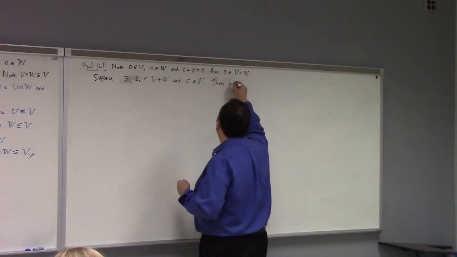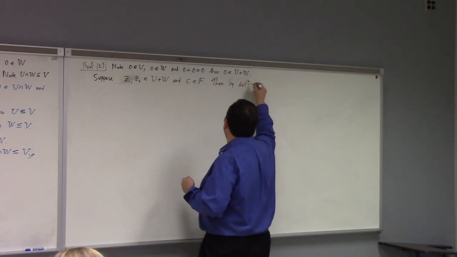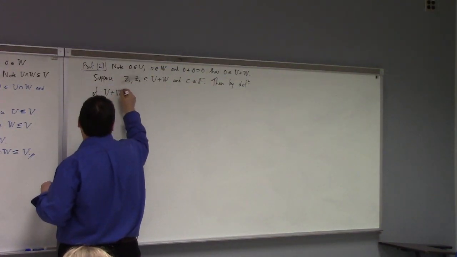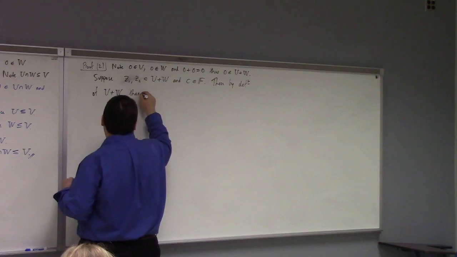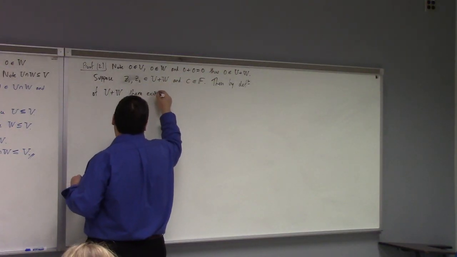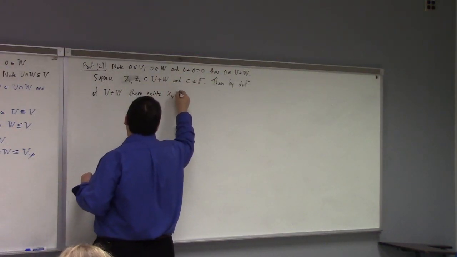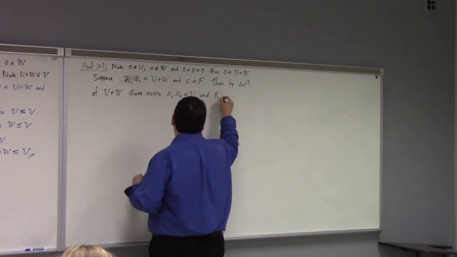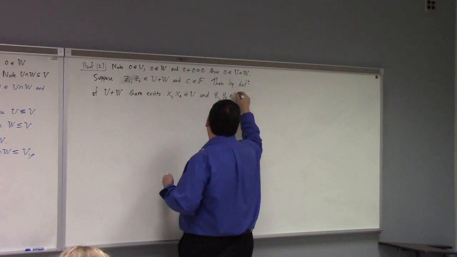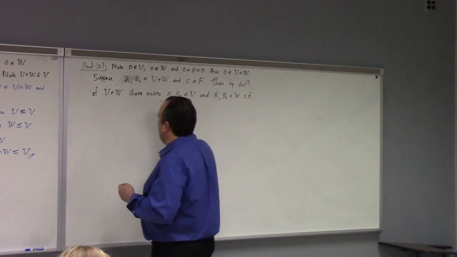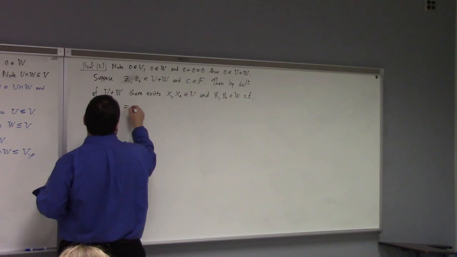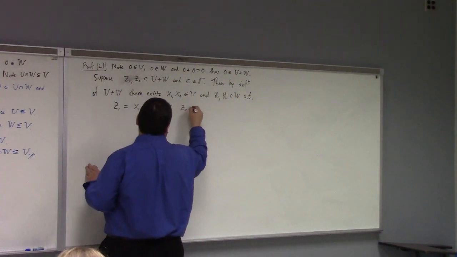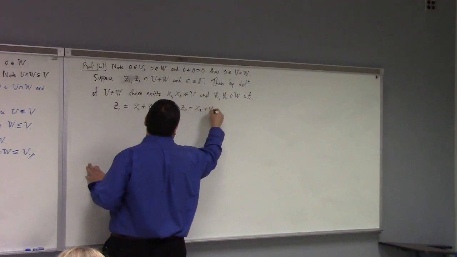Then, by definition of the sum of U and W, there exist what? X1 and X2 in U, and Y1 and Y2 in W, such that Z1 is X1 plus Y1, and Z2 is equal to X2 plus Y2.